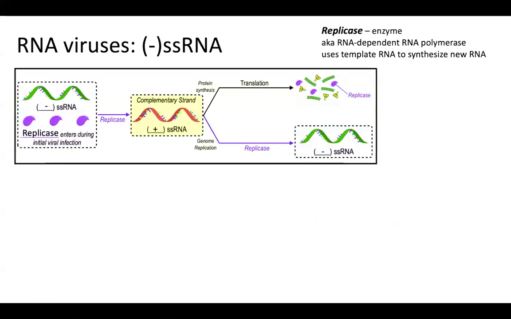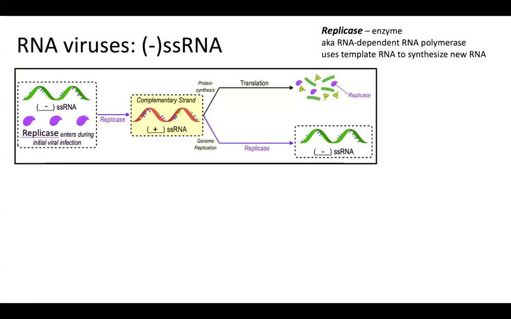Okay, negative sense single-strand RNA cannot be directly translated. It can't just jump right in like the positive single strand can. So it needs to bring replicase with it. It's part of the virus.